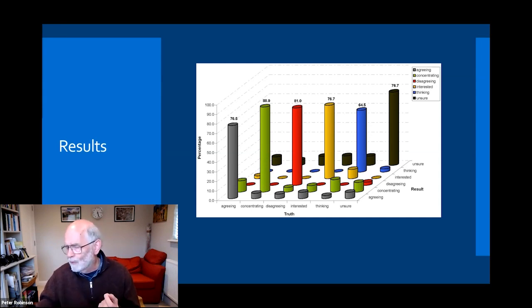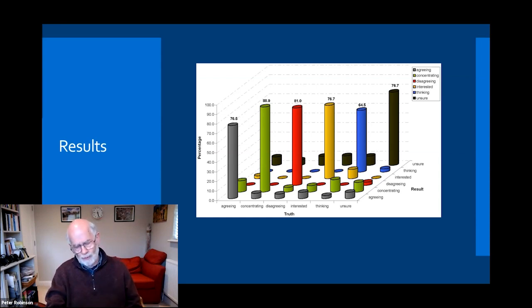But if you look at the confusions for thinking, you'll see green, which is concentration, yellow, which is interest, and black for uncertainty. So those are actually fairly reasonable confusions. And it's just a lesson about this sort of inference system, is you can't rely on it to give you a labeled truth. Although it turns out that some people do think that.